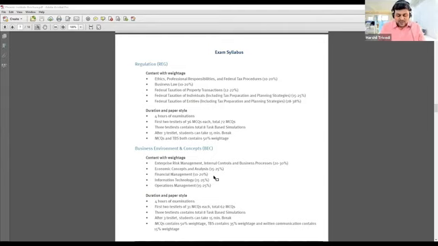So in this particular subject, we are going to learn various concepts such as enterprise risk management, internal control, and business procedures, which cover 20 to 30% weightage. The second topic is economic concepts and analysis, which covers 15 to 25% weightage. The third is financial management, which covers 10 to 20% weightage.